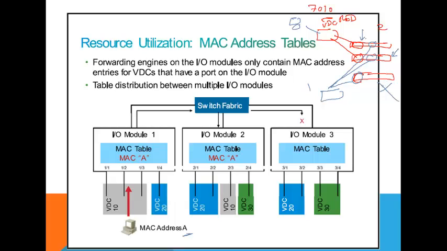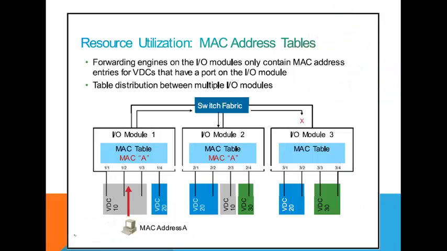You remember VLAN pruning in layer 2 switching? Same like that. If there is no VDC member there, then the MAC address coming from that VDC will not be seen there. So this is how the MAC address learning happens when we have VDCs and when we don't have VDCs in IO modules.